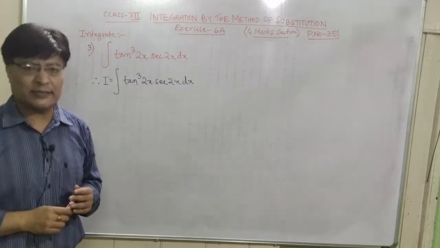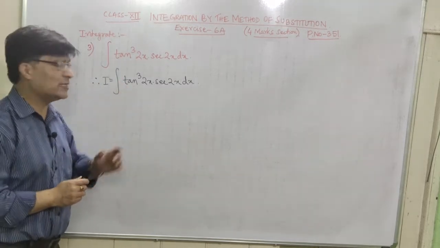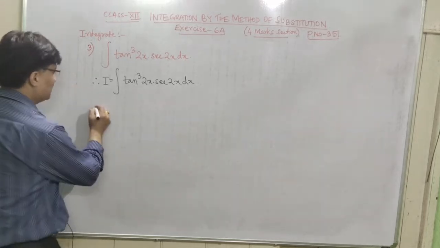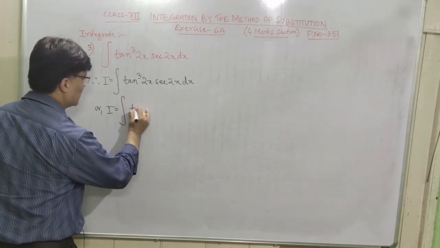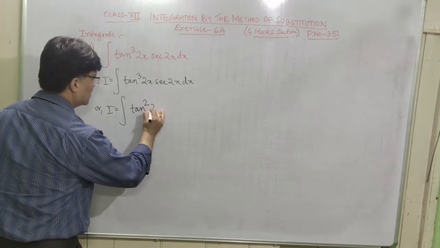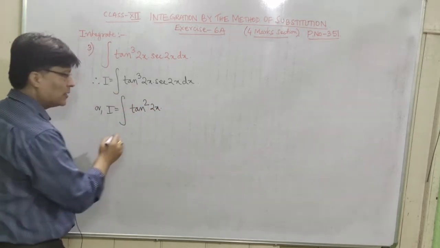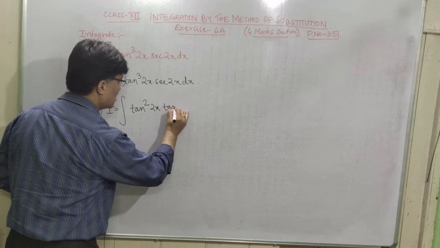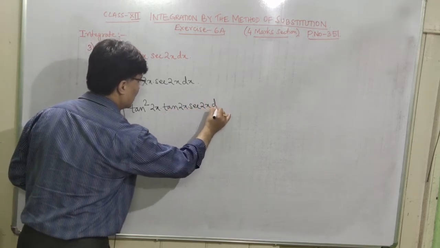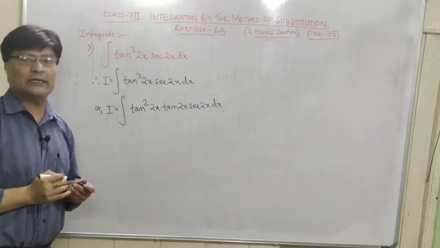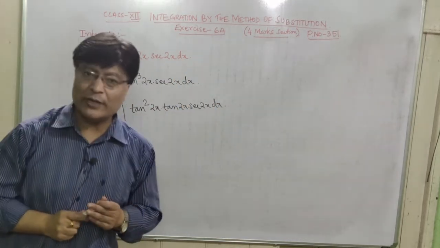Okay, so what is the method now? So let us break this term tan cube 2x. Okay, or I is equal to integration of, let us break this term, that is tan square 2x into tan 2x into sec 2x dx. Is that clear? So now what will you do now?